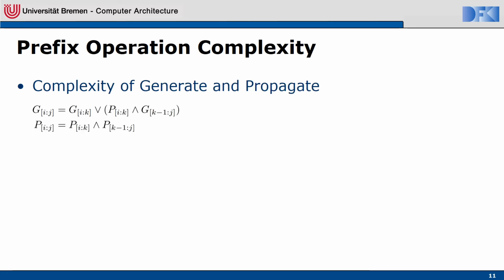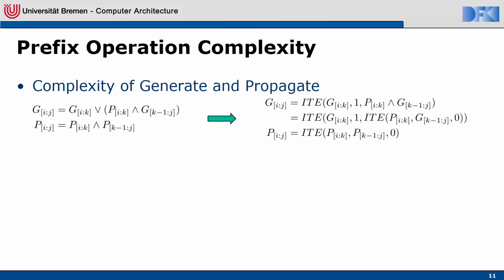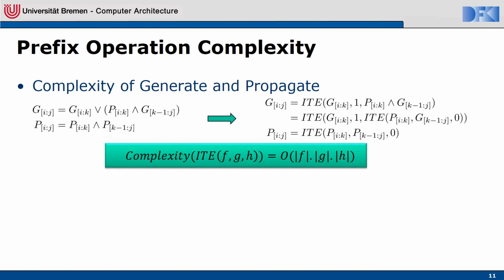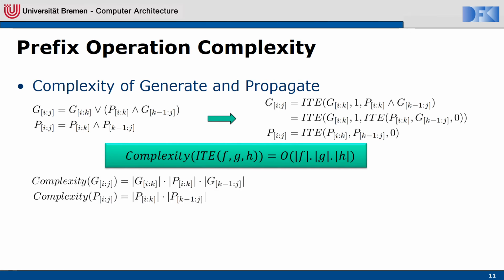We have shown that the prefix operation between the group generate and group propagate can be performed as you see. We can convert this prefix operation into ITE operations. And subsequently, based on the complexity of the ITE, we can get the complexity of a prefix operation.